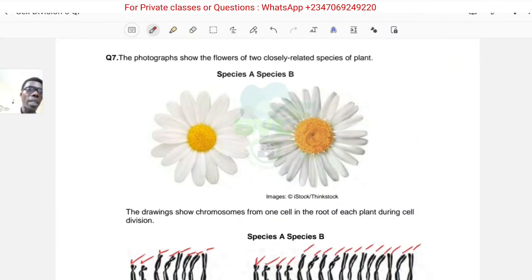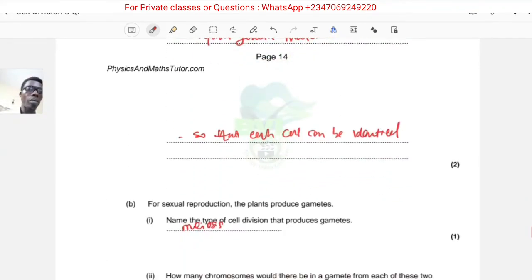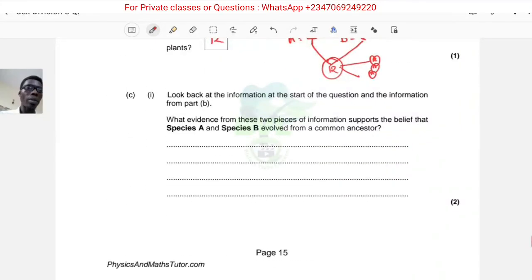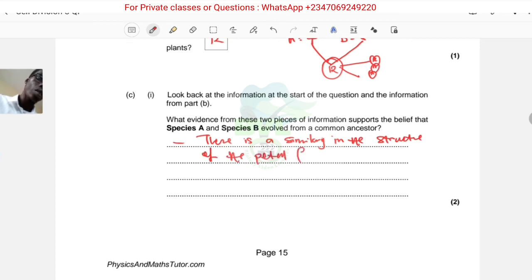Number one, there's a resemblance in the structure of the white petals. So there is a similarity in the structure of the petals on both flowers.